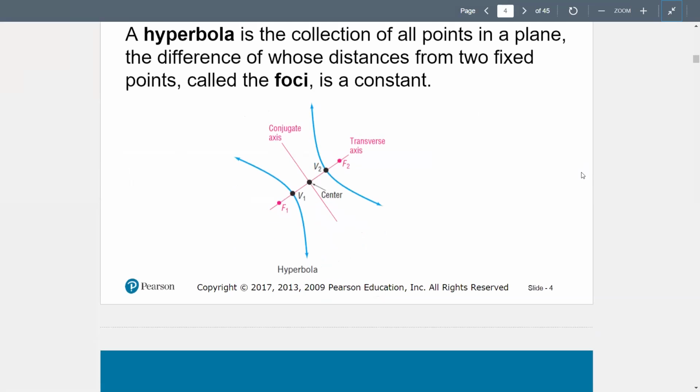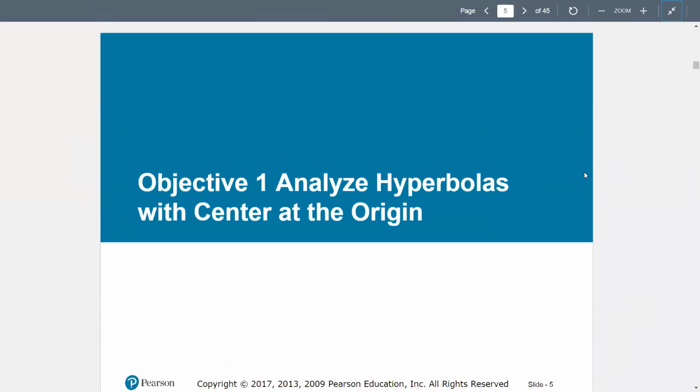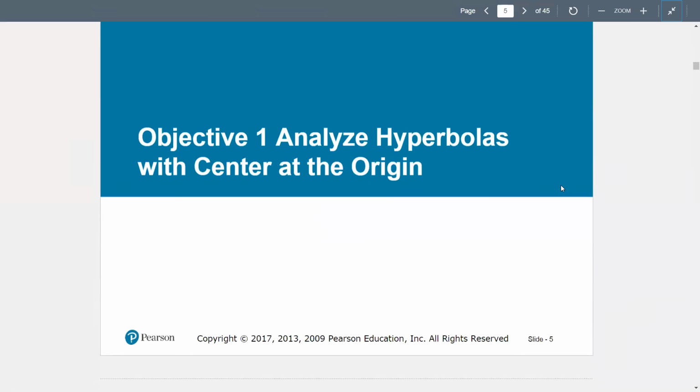Okay. All right, so let's take a look at hyperbolas with the center at the origin.